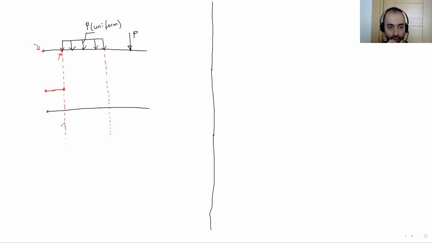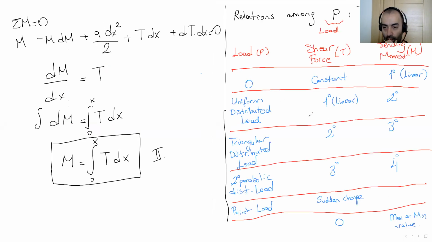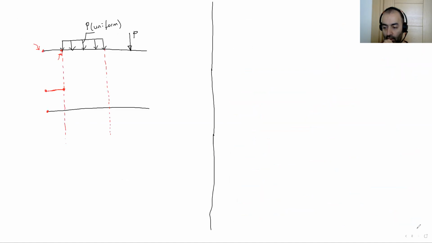So if I have a uniform distributed load, remember, if we go back to the table, here the shear force diagram is a first degree curve, which is linear. I know the shear force at this point minus the external loading gives me the shear force at this point.